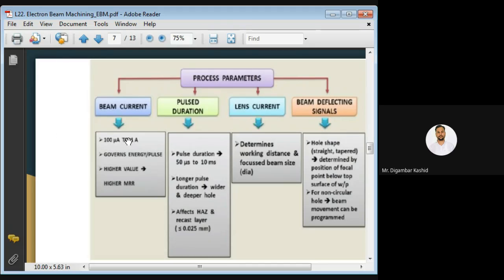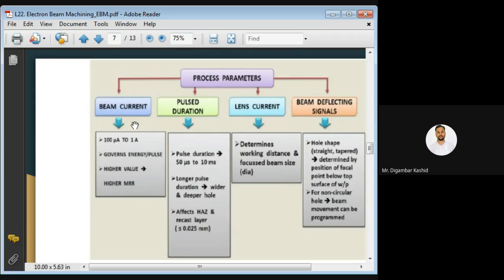Talking about the first one, the beam current varies from 100 microamperes to 1 ampere. The beam current governs the beam energy per pulse on the workpiece surface. A higher value of beam current will generate a high beam energy per pulse, and it will generate a high material removal rate.